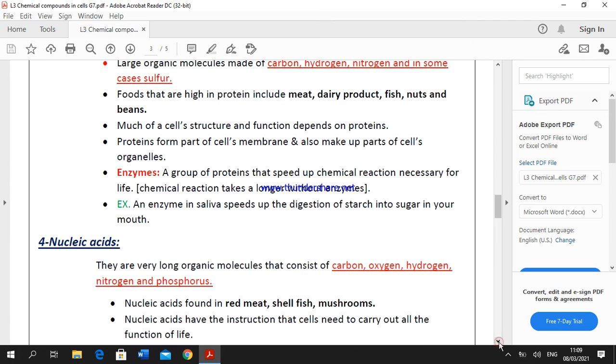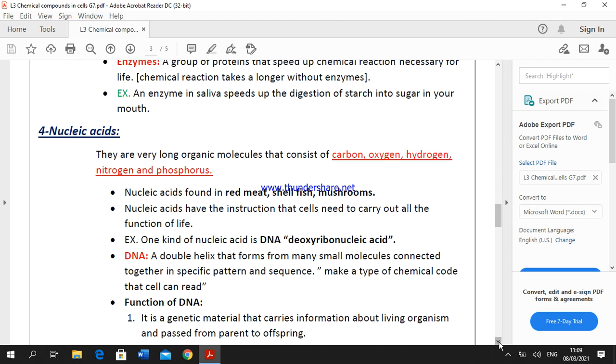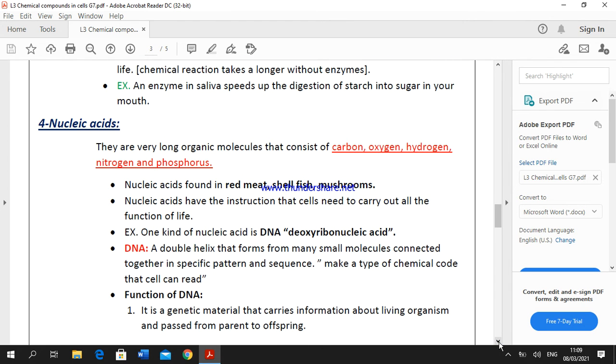The last group, nucleic acids. Nucleic acids are very long organic molecules consisting of carbon, oxygen, hydrogen, and nitrogen. Also, they contain phosphorus. We also have many foods that contain nucleic acids. Nucleic acids are found in red meat, shellfish, and mushrooms.